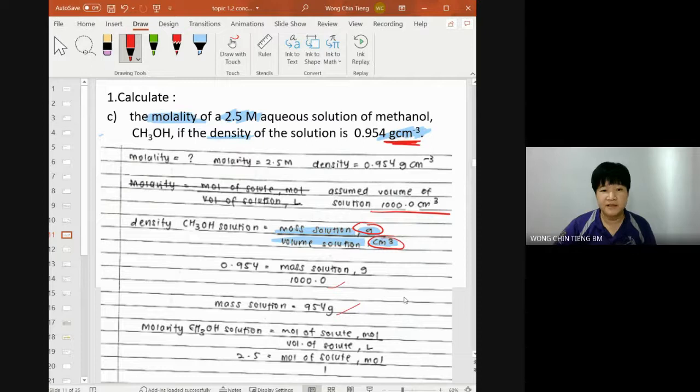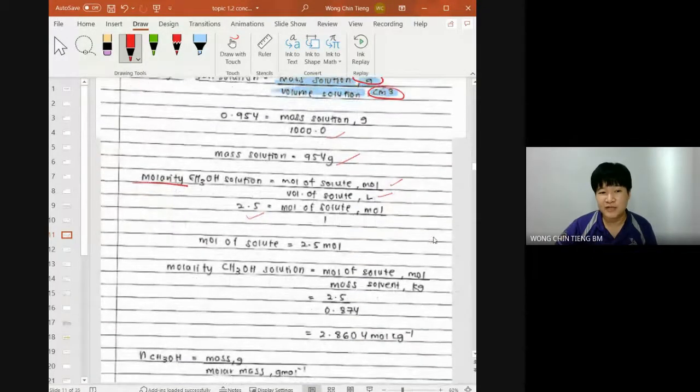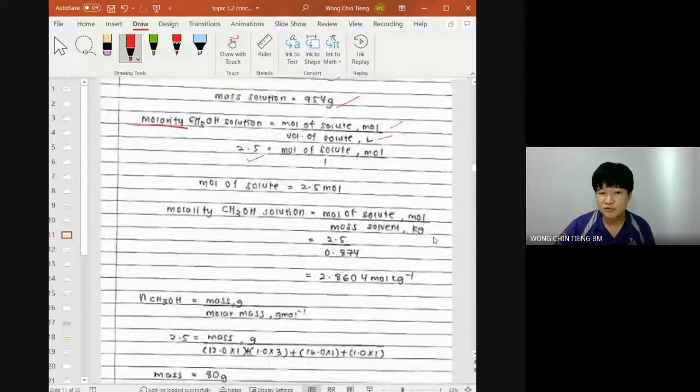Perfect. Still perfect. Turun kat bawah, soalan tak ask molarity, soalan bagi molarity 2.5. So unit, mole of solute over volume of solution. Jawapan akhir kawan kamu still betul lah. Kalau kamu tengok jawapan akhir kawan kamu kat hujung tu still betul.